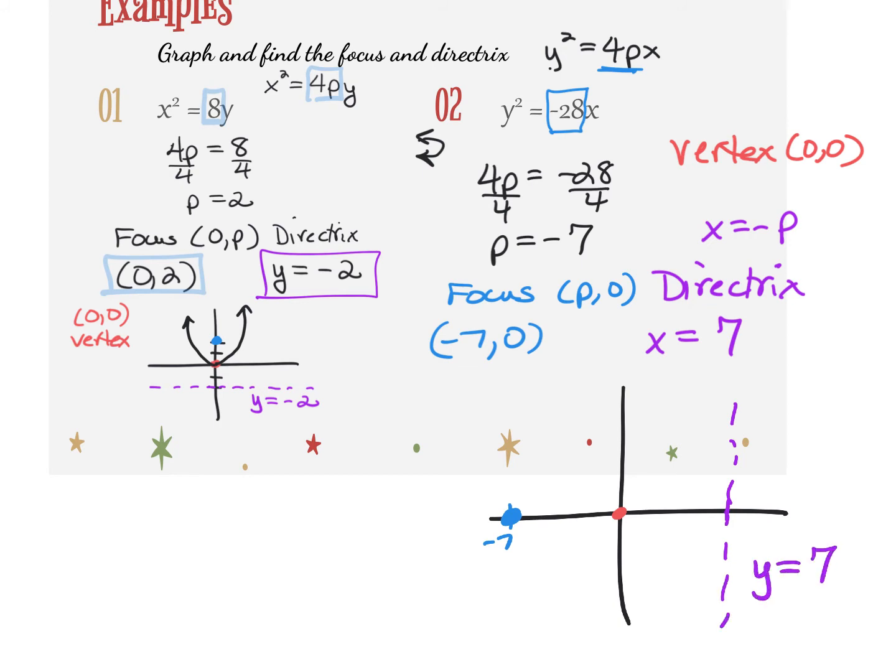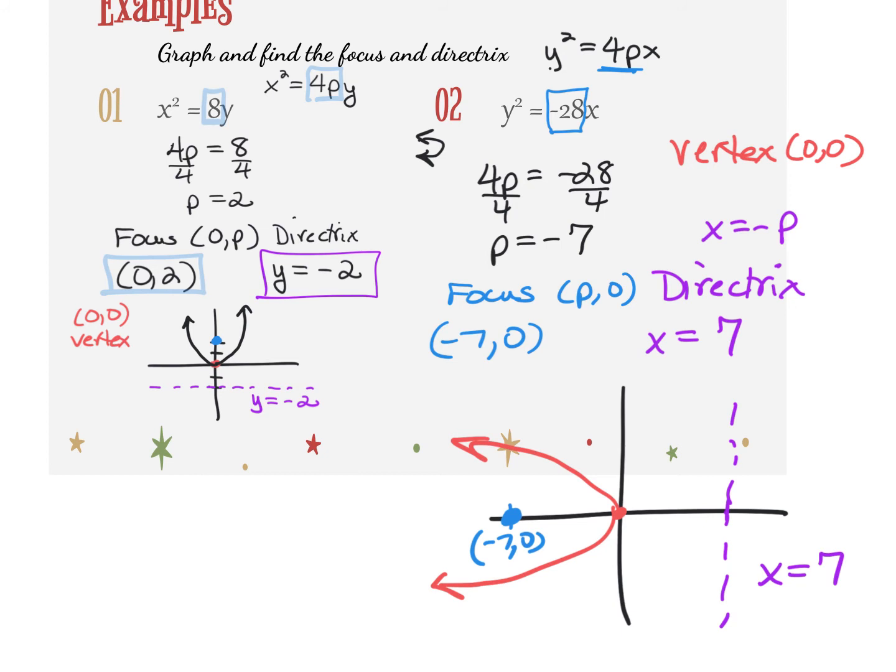Oops, sorry, it's x equals 7. So my focus is -7 comma 0. And again, the parabola surrounds the focus, and the directrix is behind it. Again, I'm not asking you to find additional points when the vertex is at 0, 0. But when my vertex is not at 0, 0, then I'm going to be finding an x-intercept or a y-intercept. Let's try another one.